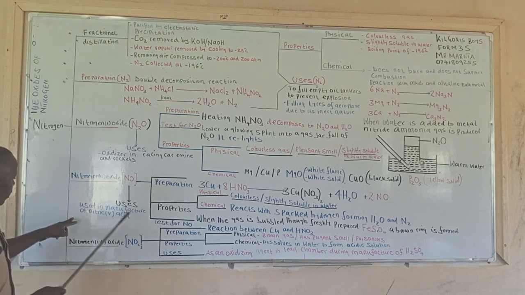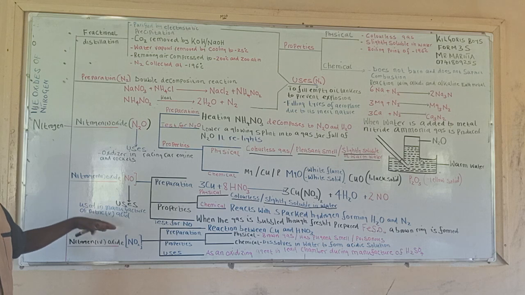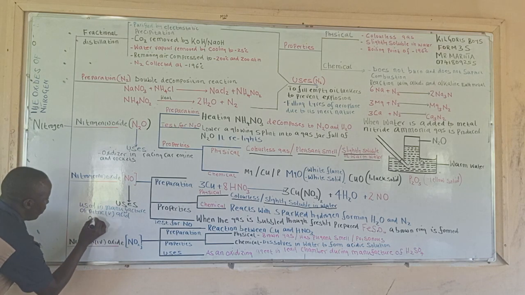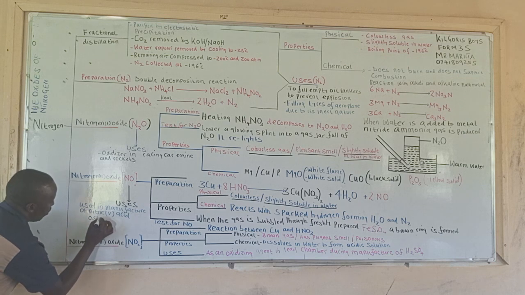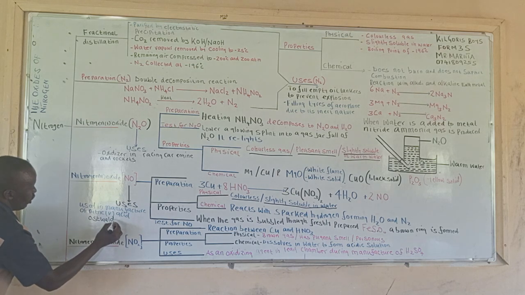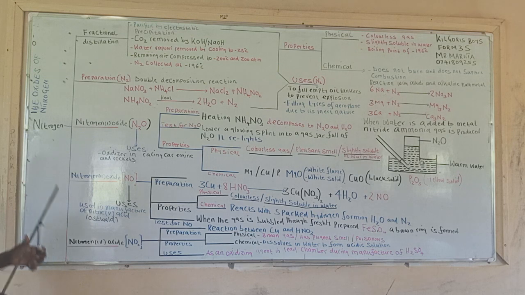One use is in the manufacture of nitric acid, in a process called the Ostwald process.